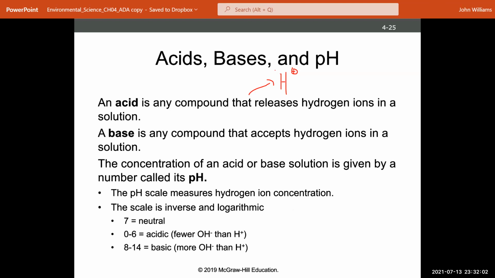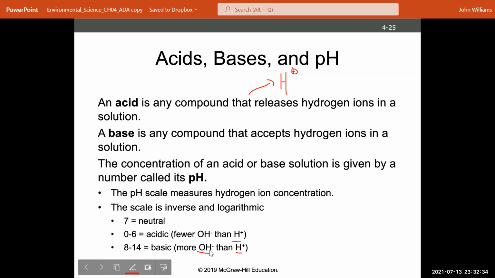The pH scale, which is what we would measure that solution on, ranges from 0 to 14. If it's 0 to 6, then it's acidic. It has a lot of hydrogen ions. If it's basic, it would range from 8 to 14, and it has fewer hydrogen ions and more hydroxide ions.